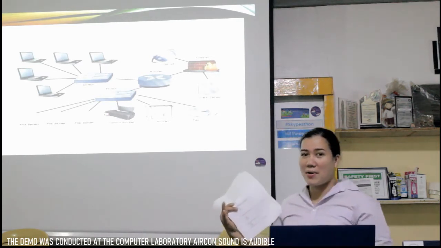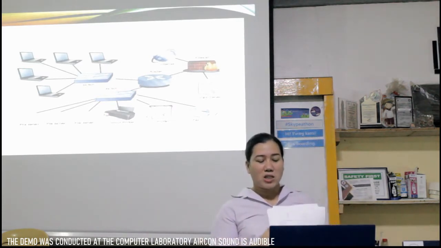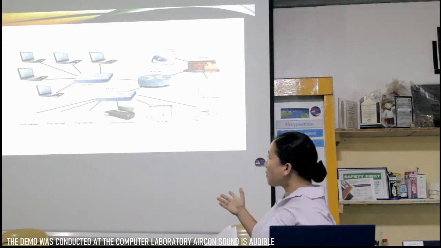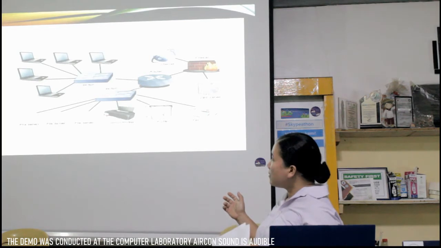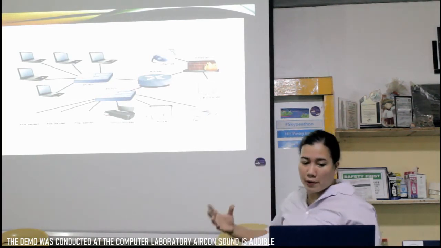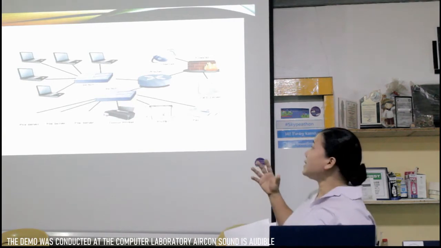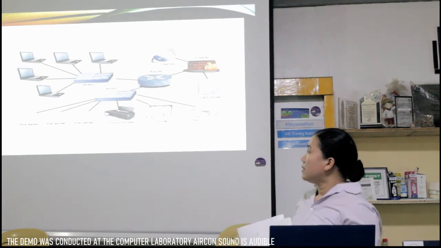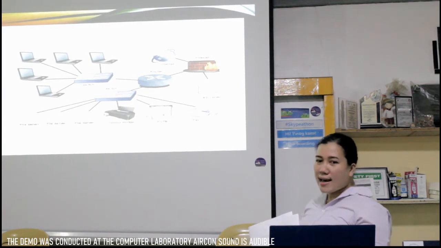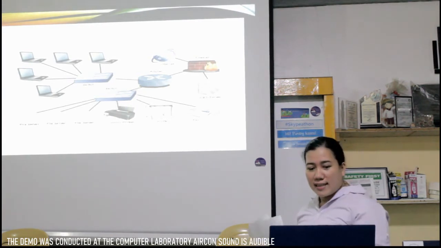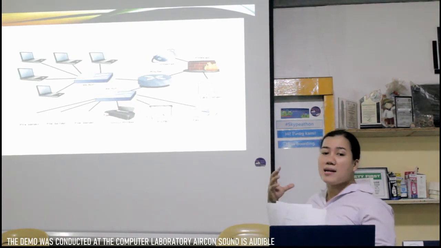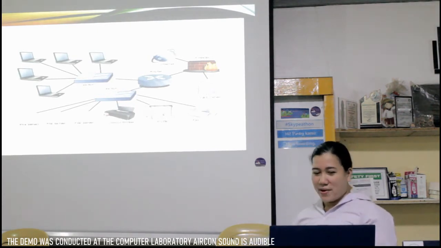What else? A router. What else? Switch. We also have a firewall, and we have the internet. Very good. As you observe, what's in those pictures? Yes, very good. They are all devices, but devices that are connected to each other.